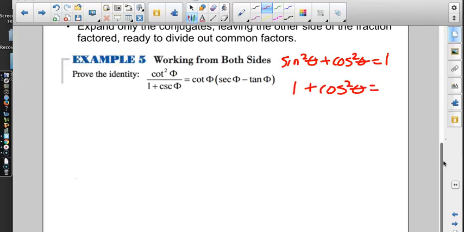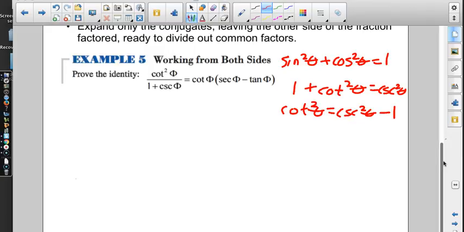And again, dividing by sine squared theta, that would give me cosecant squared theta over here. Okay, so I could replace cotangent squared theta with cosecant squared theta minus 1.